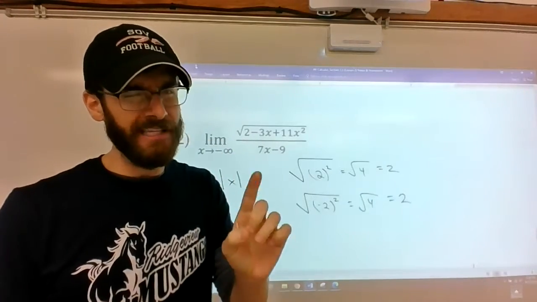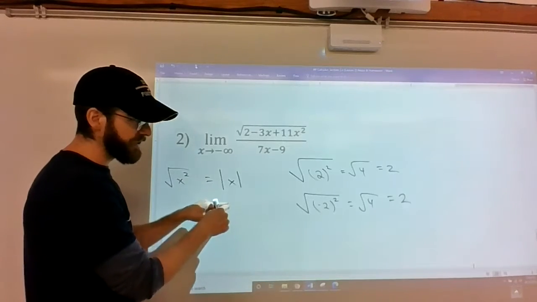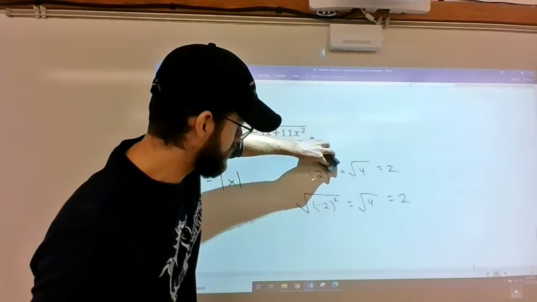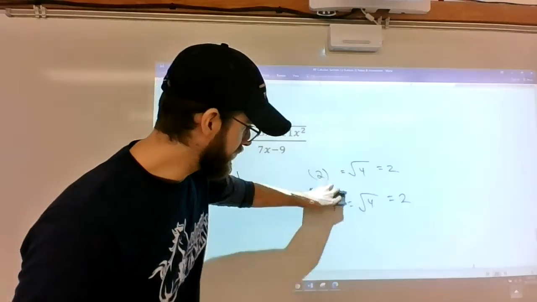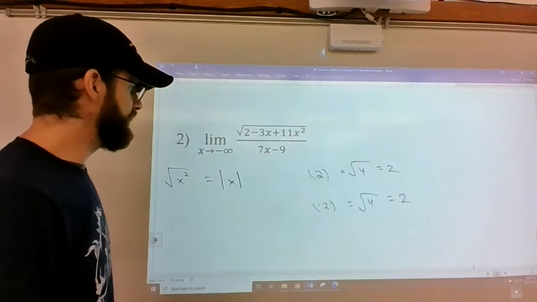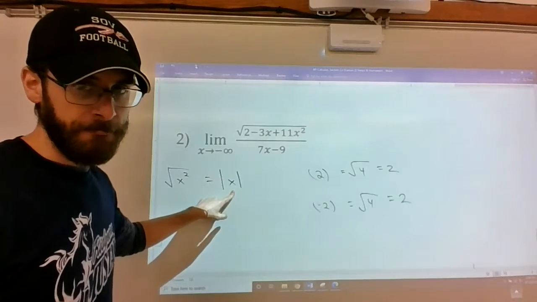Because here's what we're really doing. When we say the square root of x squared is just x, we're saying take away the root and the square, and that's what we got. But if you did that with this one, you're coming up with all sorts of trouble. So you got to put absolute value bars.